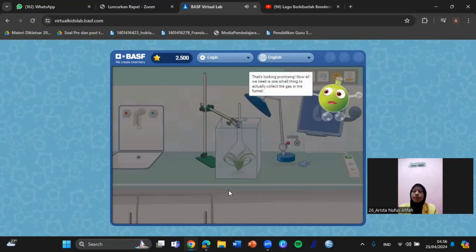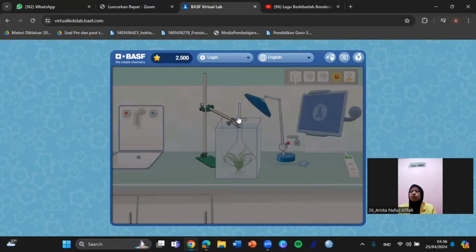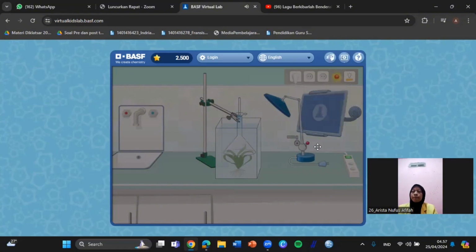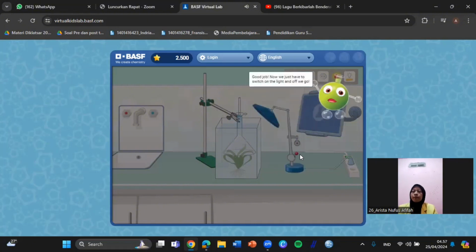That's looking promising. Now all we need is one small thing to actually collect the gas in the funnel. Exactly right. Now we just have to get the plant to start producing gas. Good job.